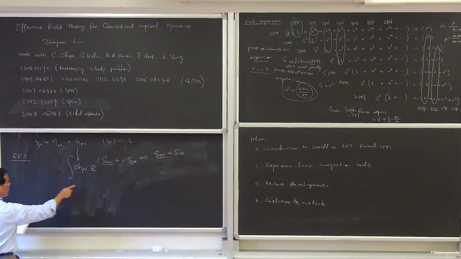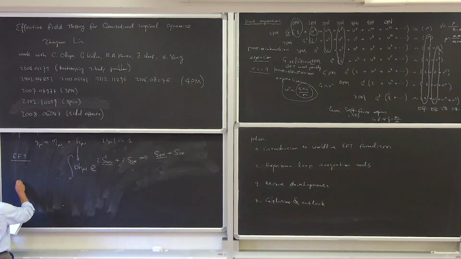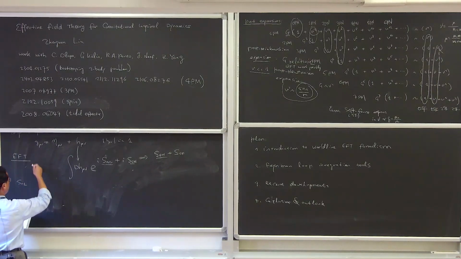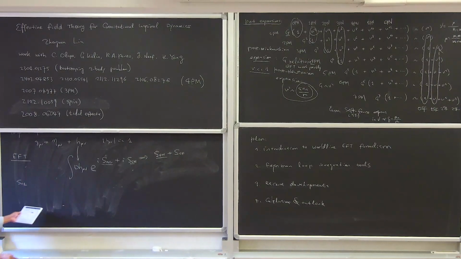Let me introduce this. Because the distance between the two black holes or two neutron stars is much larger than their size, we can use a point particle approximation to describe the two bodies.